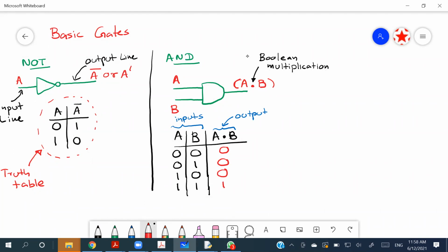So it is the same as multiplication. There are differences, but we are not describing them within our syllabus, as it is beyond it. And this is how an AND gate behaves.